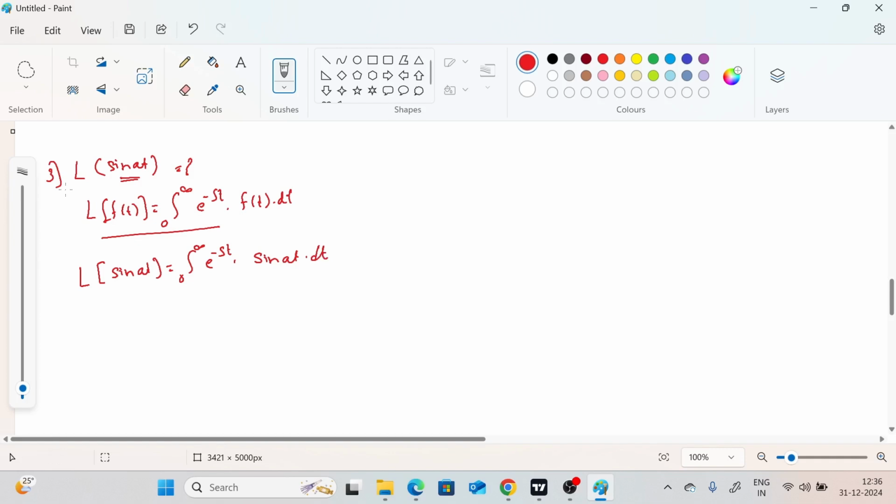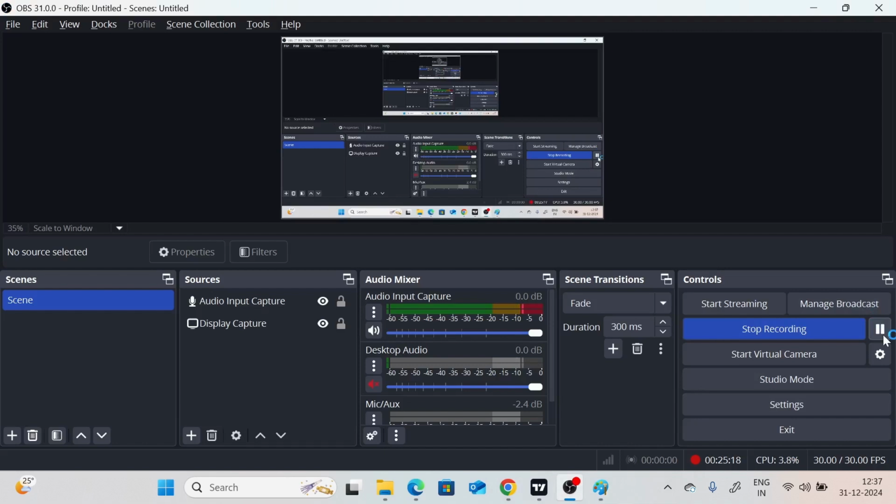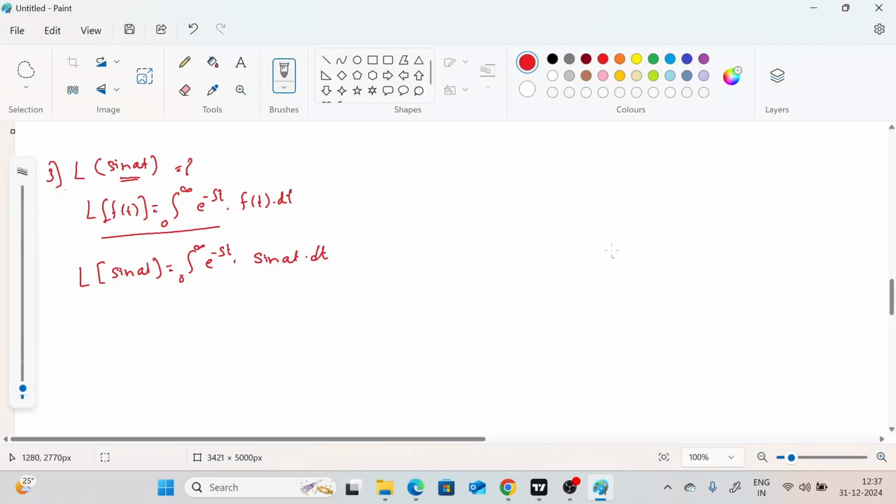Again, we are going to use some basic formula which we had learned in 11th and 12th standard.